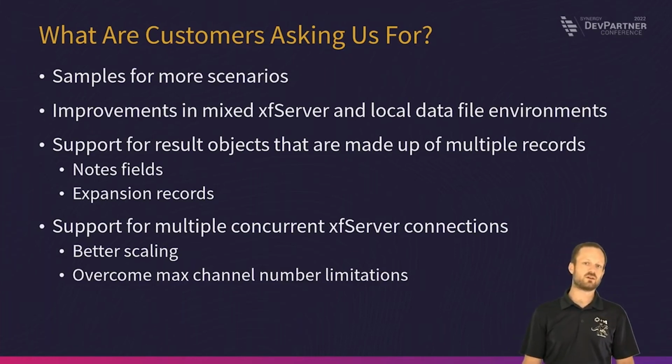Harmony Core sits on top of the Synergy Select class, and one limitation that brings us is around how we support mixed or multiple XFServer environments, where the two sides of a join have data residing on two different servers. Directly translating that scenario to a Select class would result in pretty poor performance. It's having to make a request out for every single record that it joins, and that kind of defeats the purpose of using a join.